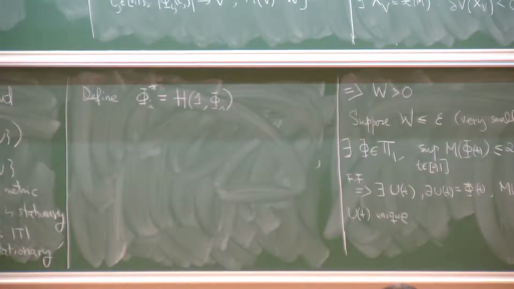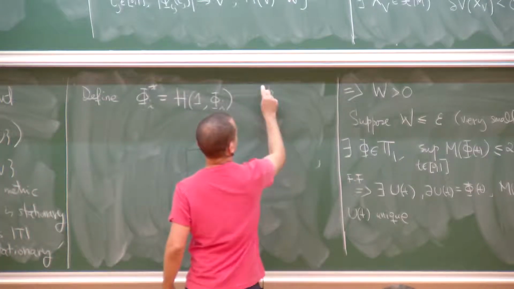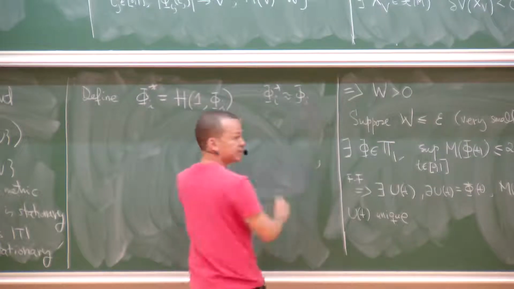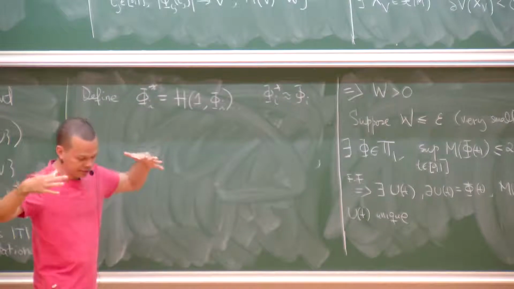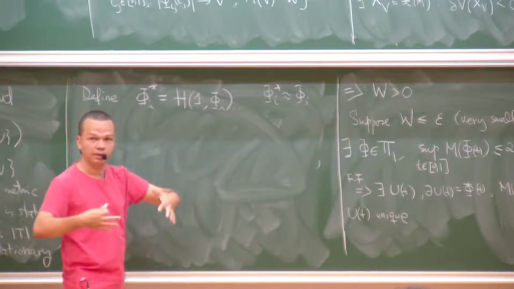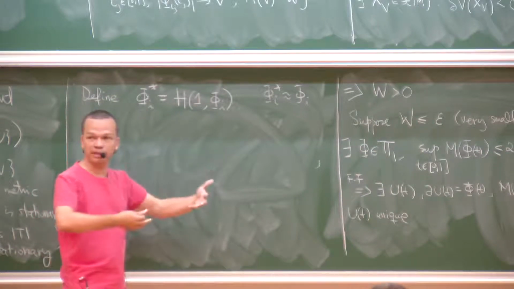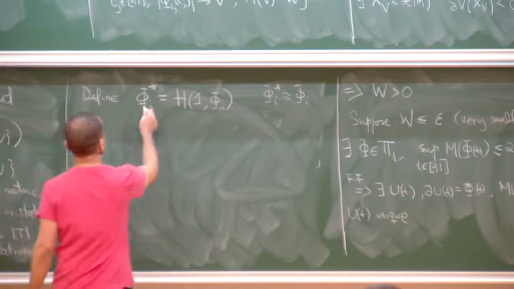So of course, Phi star is homotopic to Phi, right? Therefore, it's still in the class pi 1. So what happens here is that the sup of the areas is going down because H decreases the area. But it cannot go down strictly because Phi was already a minimizing sequence and nothing can go below W. So this is still a minimizing sequence.